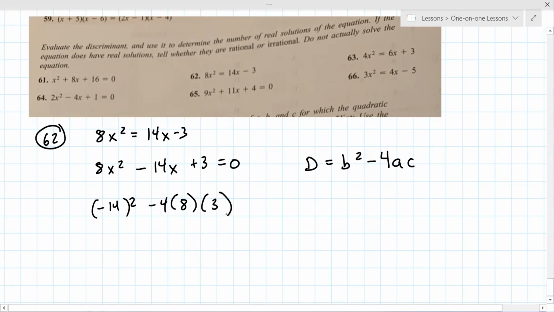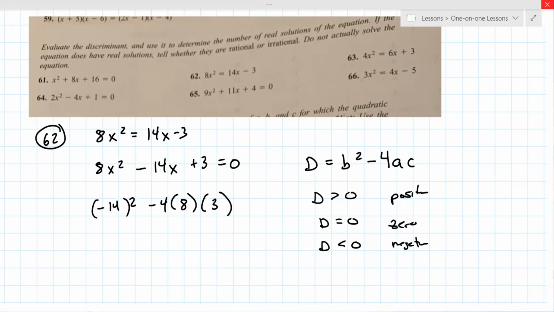And there's really three things that you care about: whether it's positive, whether it's 0, or whether it's negative. Okay. So this one is positive. Go ahead and confirm the value, but it is positive.